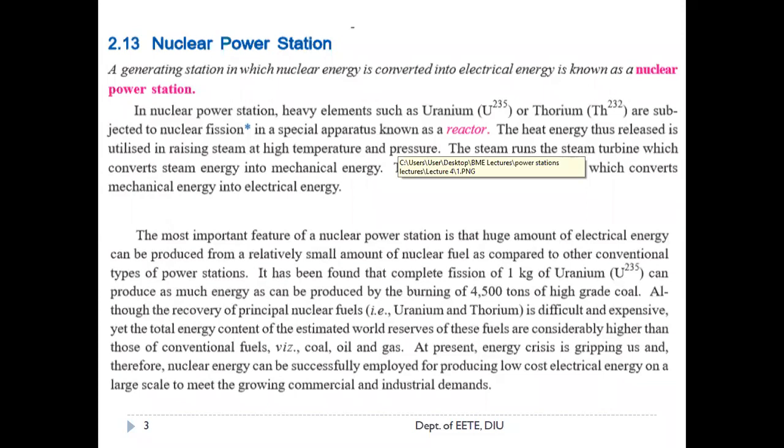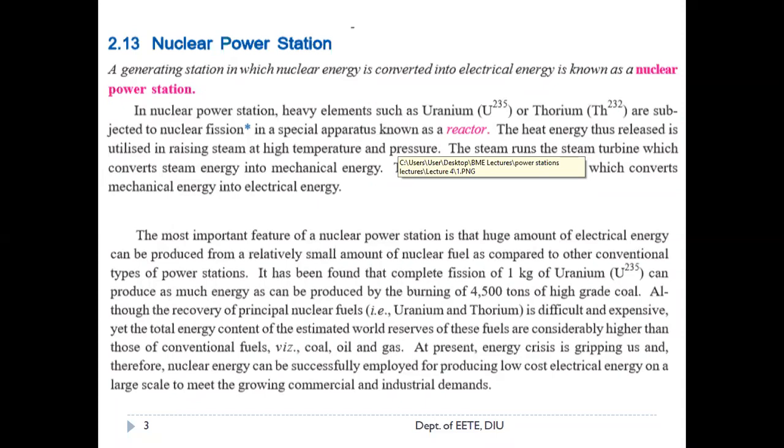When this type of atom is broken, it makes a huge amount of heat energy. Using that heat energy, the steam is produced from the water.